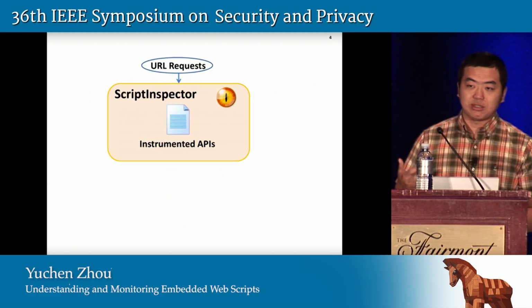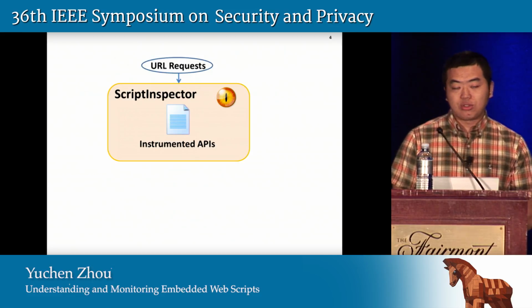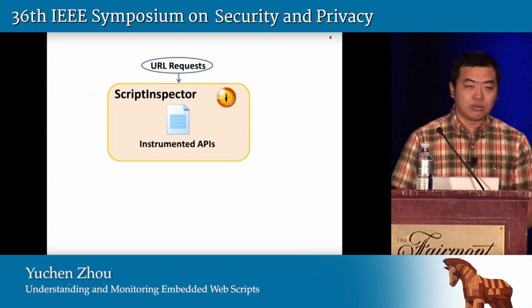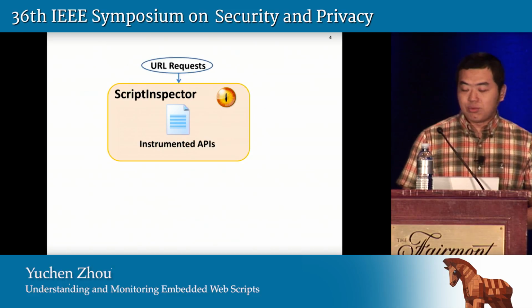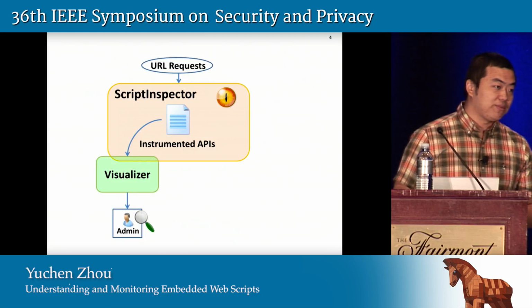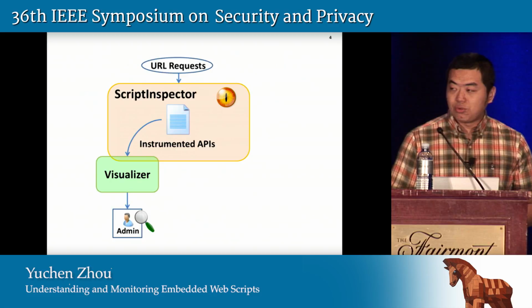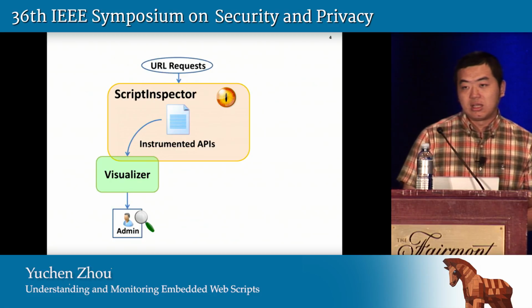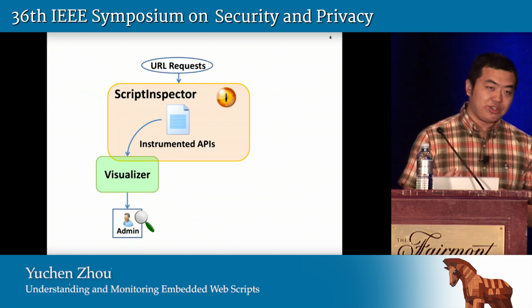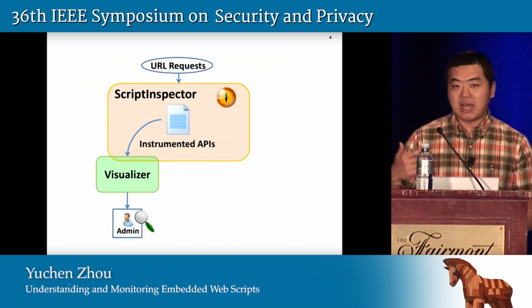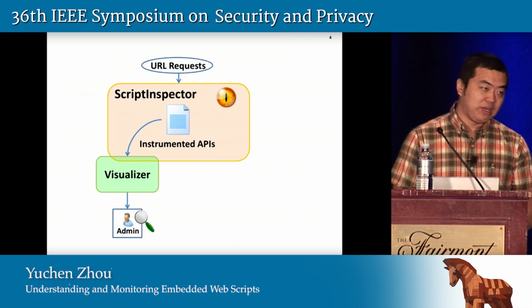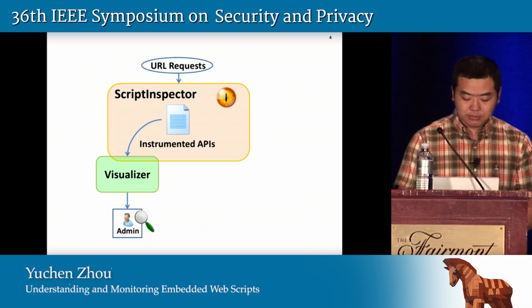They intercept critical calls to resources such as the DOM, cookies, or network access, and output a trace, which can be visualized by the Visualiser component. The Visualiser is an extension to Script Inspector, and the site administrators or concerned users can view the highlighted elements of the page which are being accessed by the third-party JavaScript.